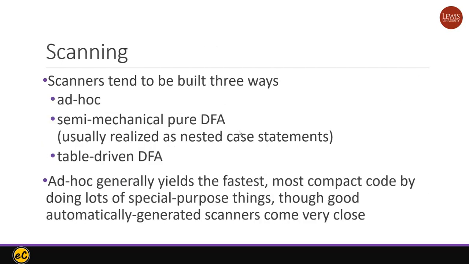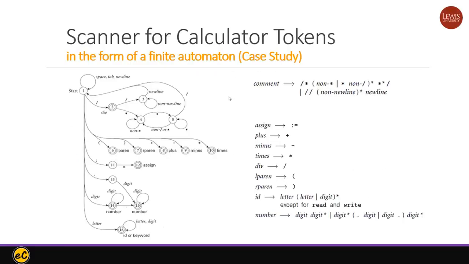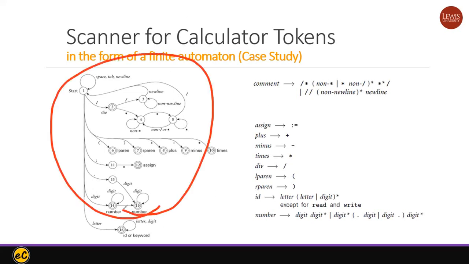Okay, so there are two types of scanner. One is the hand-coded scanner. You have the code, and the programmer directly converts the automaton into a scanner using coding skill. That's called a hand-coded scanner. And there's another way, called automatic generation, where you use a lexer generator in a systematic way.